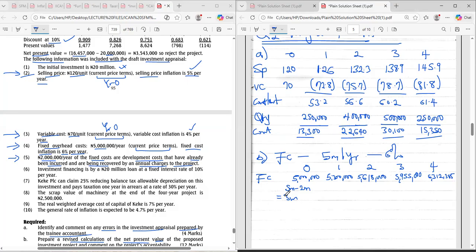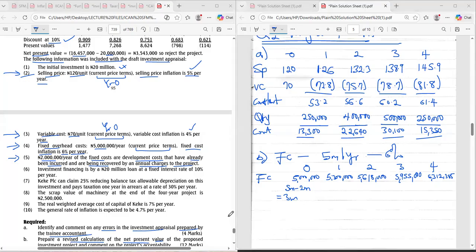So point number 2 to note, if you are writing them: fixed cost was correctly inflated. Full stop.